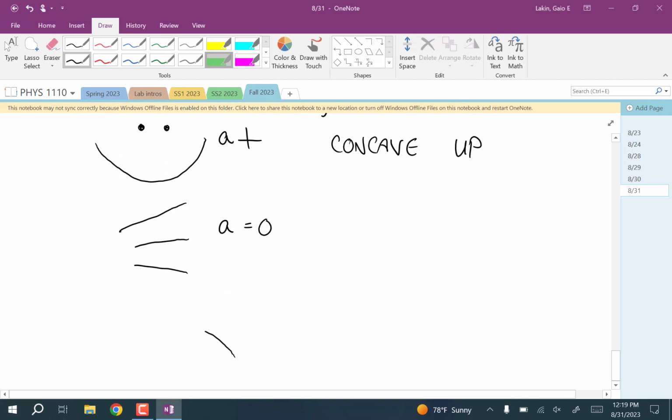And if the curvature is part of a concave down shape like that, that's a negative mental outlook, so that's a negative acceleration.